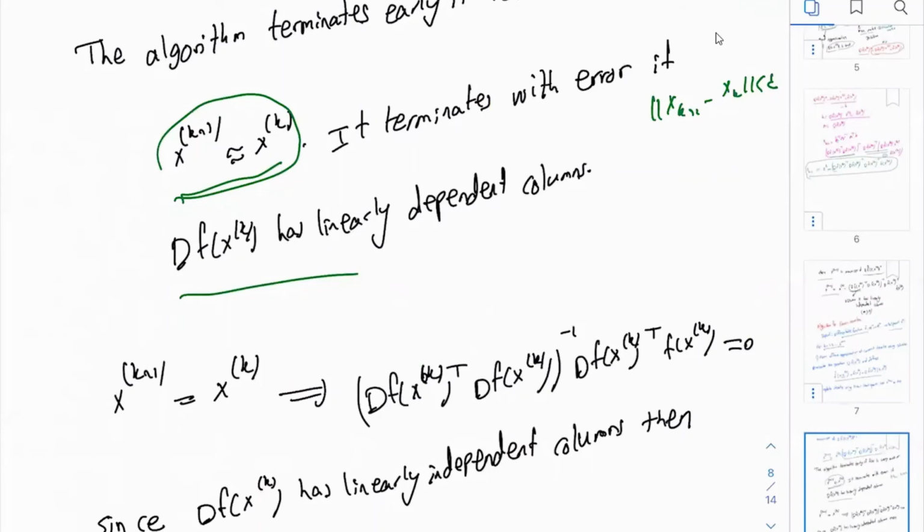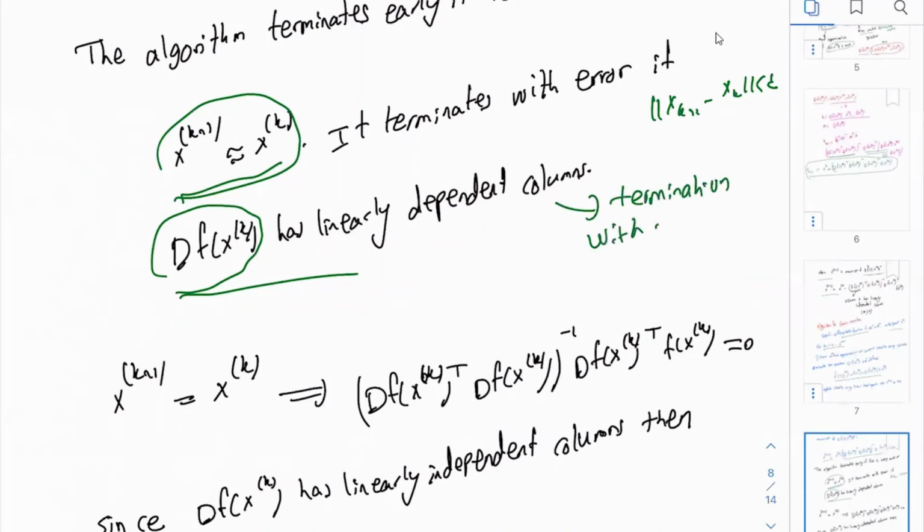This is termination successfully. You get xk plus 1 and this is the best estimate you can find. But what if the matrix Df of xk, the Jacobian derivative matrix, has a linearly dependent column? This is called termination with error.